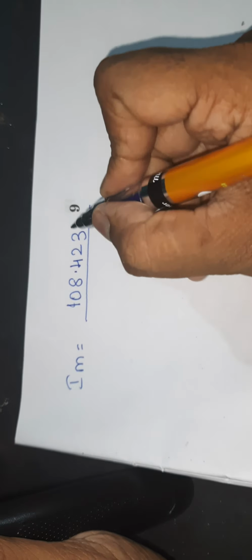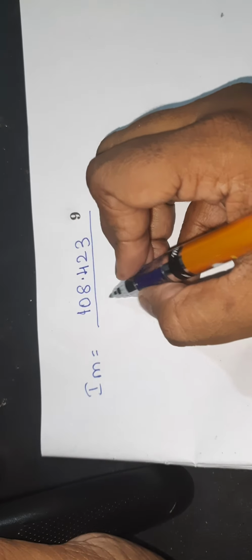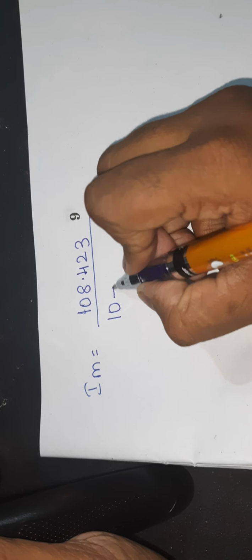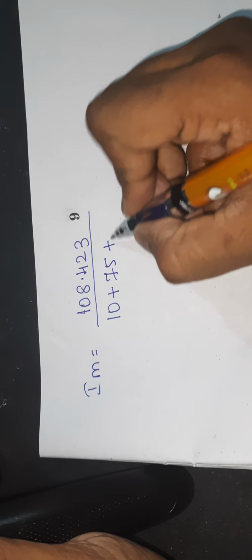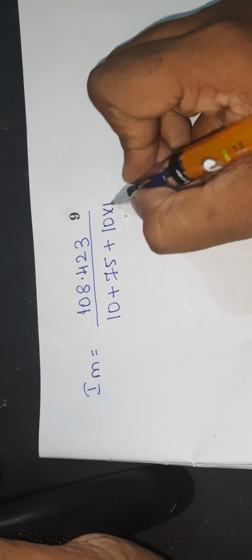Now let's substitute for Im. Im is equal to Vm, the maximum input voltage across the transformer, 108.423, divided by Rs is equal to 10 ohms plus Rf is equal to 75 plus RL is equal to 10 kilo ohms.